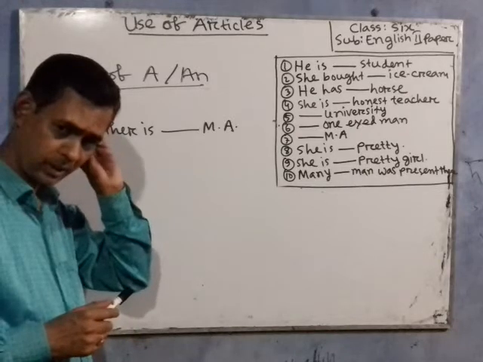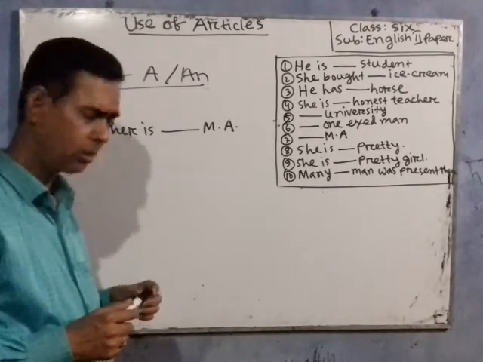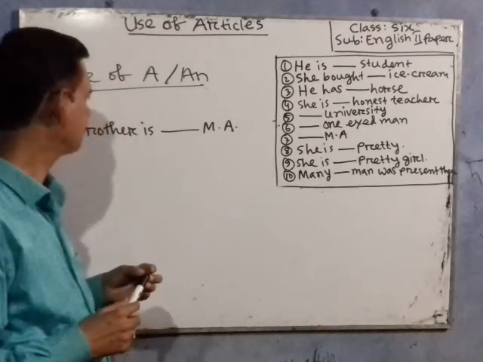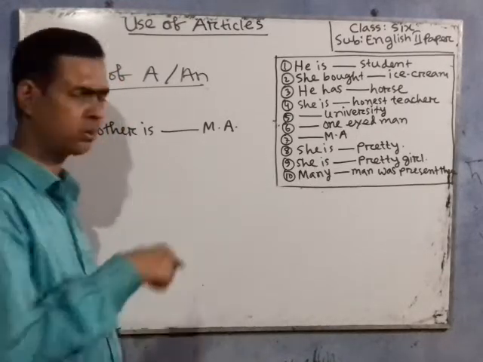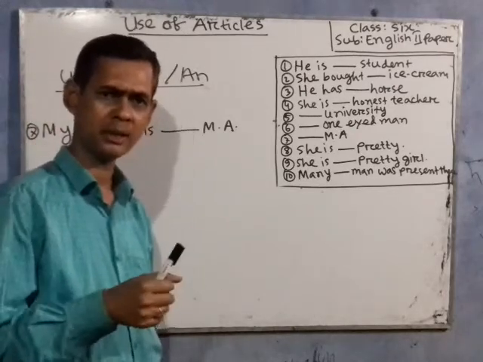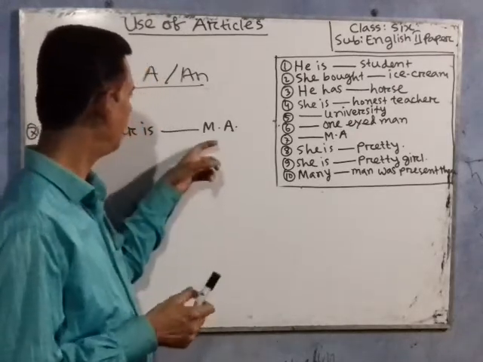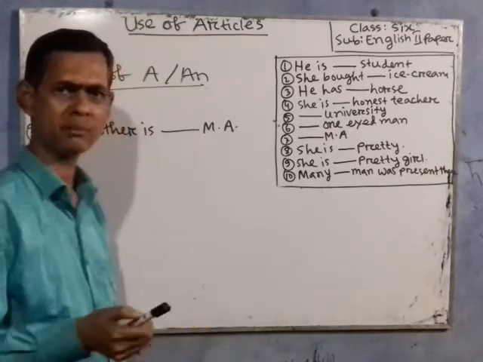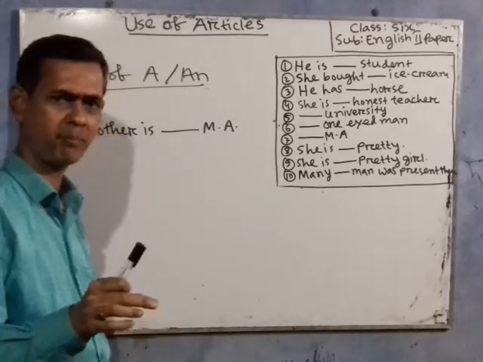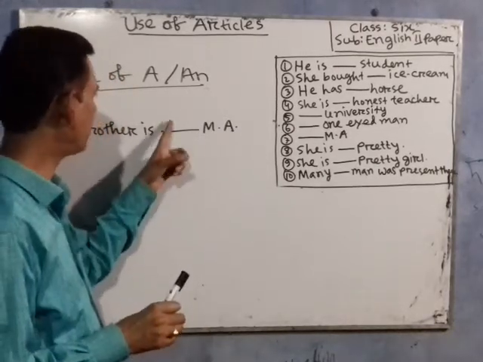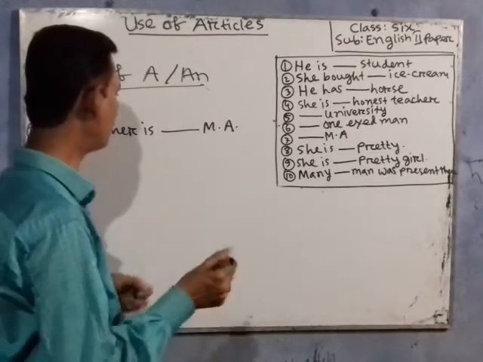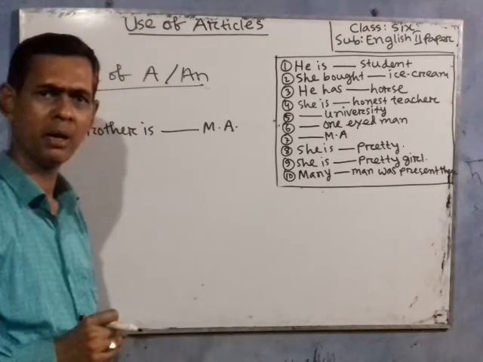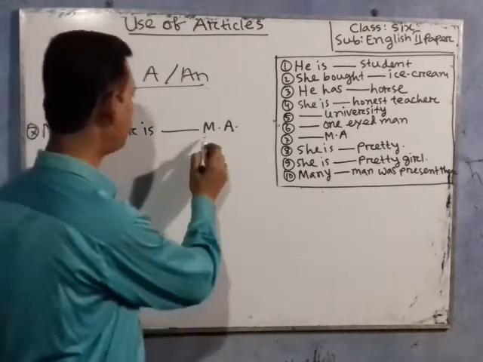If there is a qualification or designation of any person, and the qualification or designation becomes an abbreviation, you have to use the article this way: at first you have to analyze the first letter of the designation or qualification. Here the first letter is M.